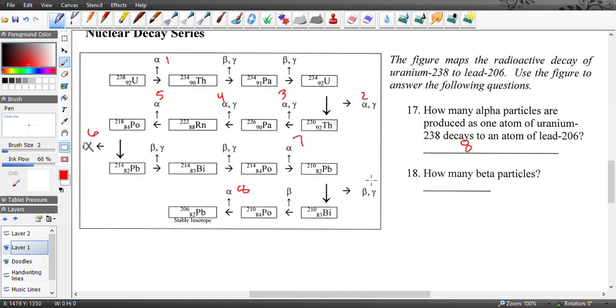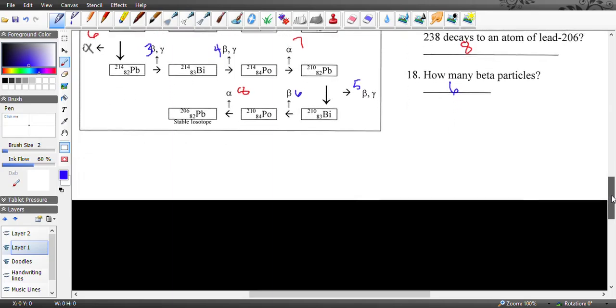There's 8 of them. All right, now let's change color real quick and go to the betas. All right, so how many betas? And that looks like 6. Simple enough, right? That part should be pretty easy.